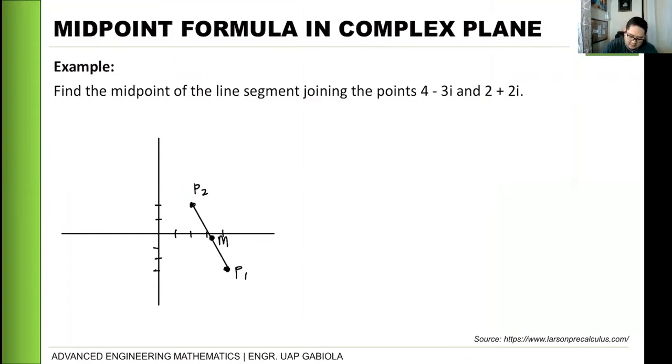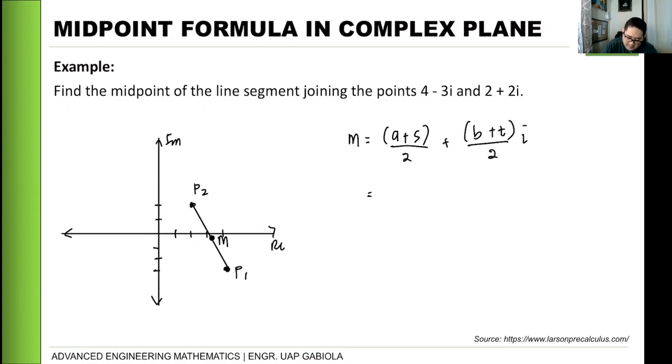Okay? So to get our midpoint, we just use the formula na sinabi dun sa previous slide, which is A plus S over 2 plus B plus D over 2 i. Okay?